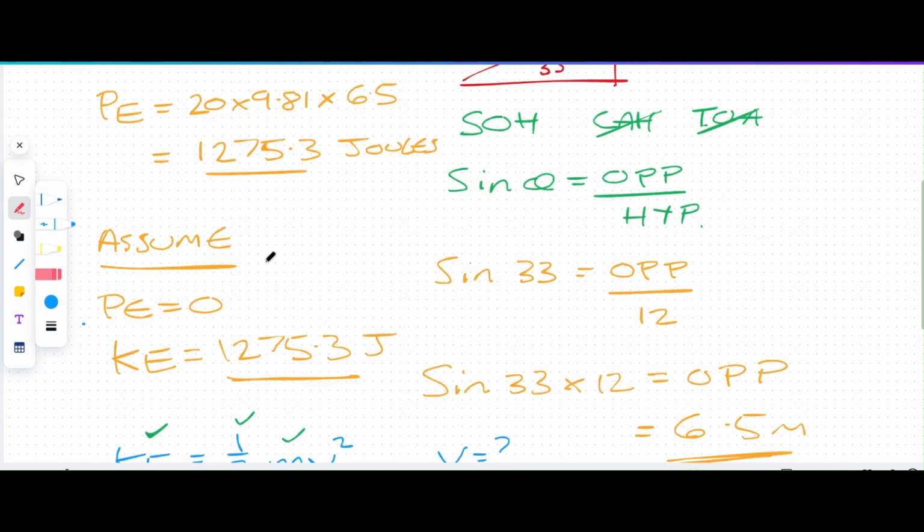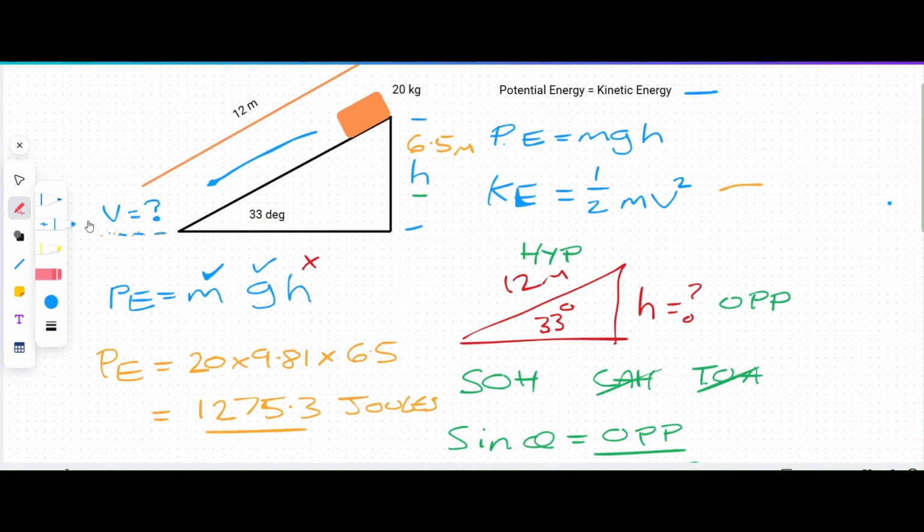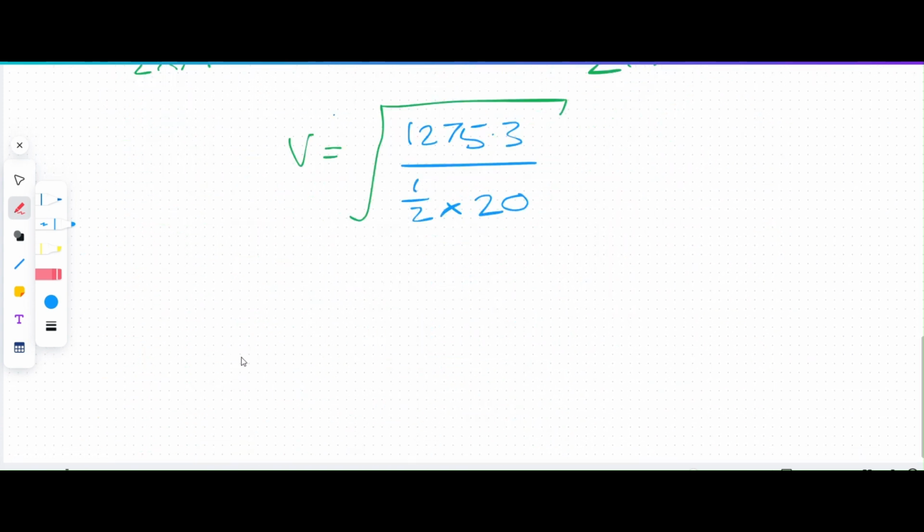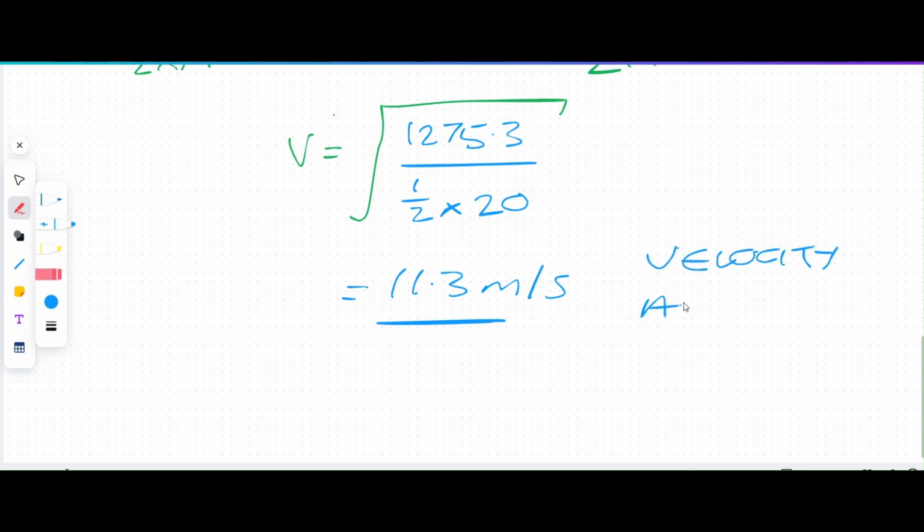This now will give you, with all my assumptions, the velocity as it comes off here. Look, it's going to come there, look. So put it on your calculator and you will get a velocity of 11.3 meters per second. Thank you very much. Velocity at bottom, using the conservation of energy.